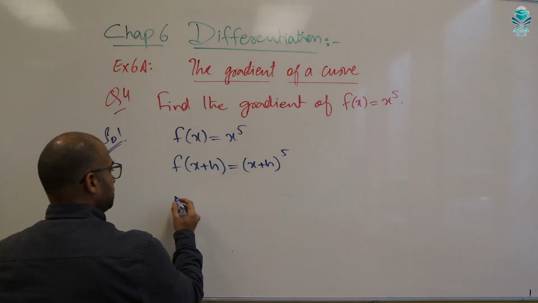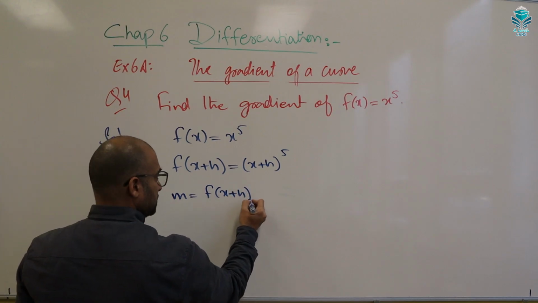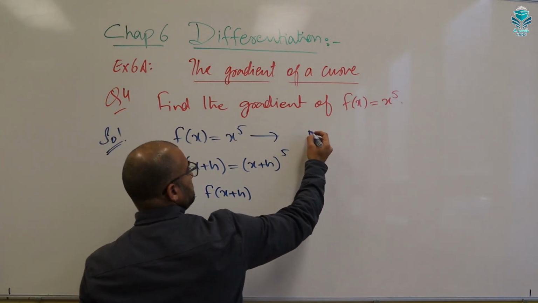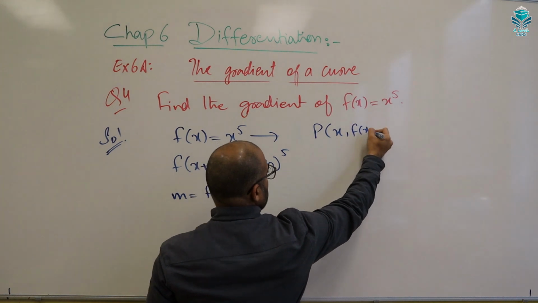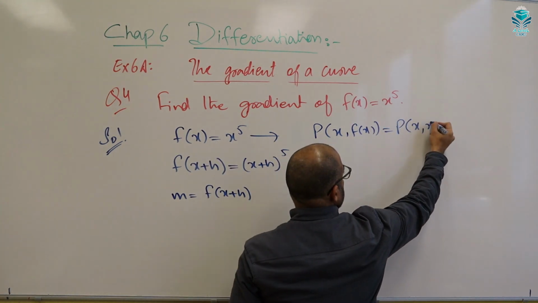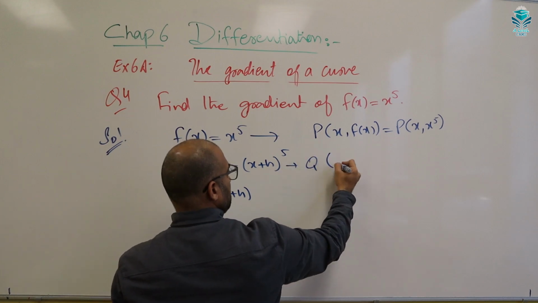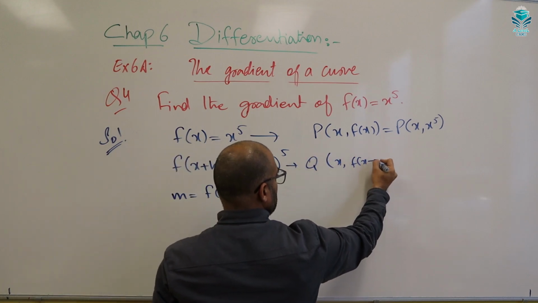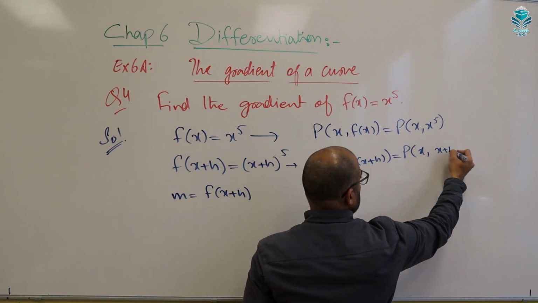So the gradient is defined with point P as (x, f of x), which is (x, x5), and point Q as (x plus h, f of x plus h).